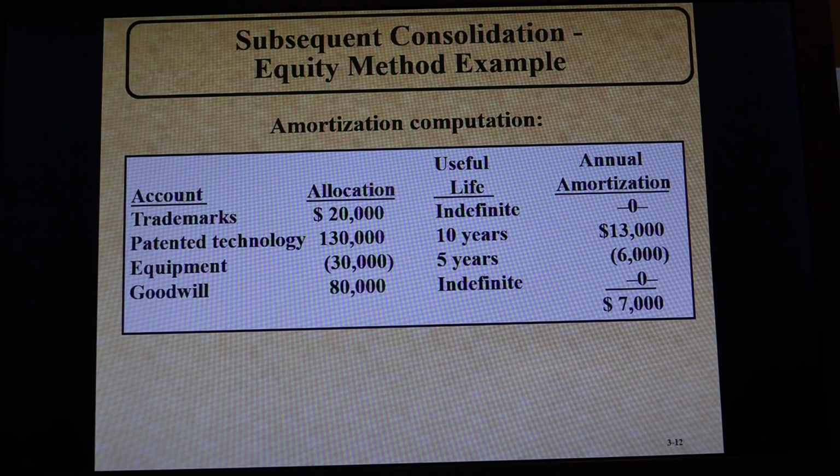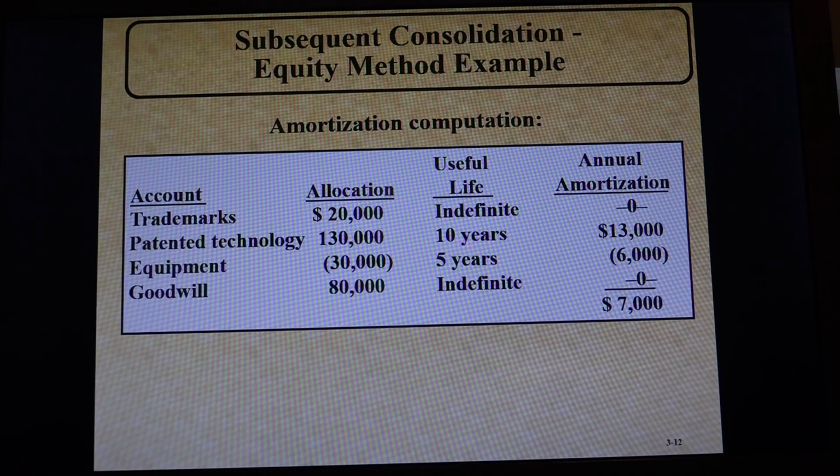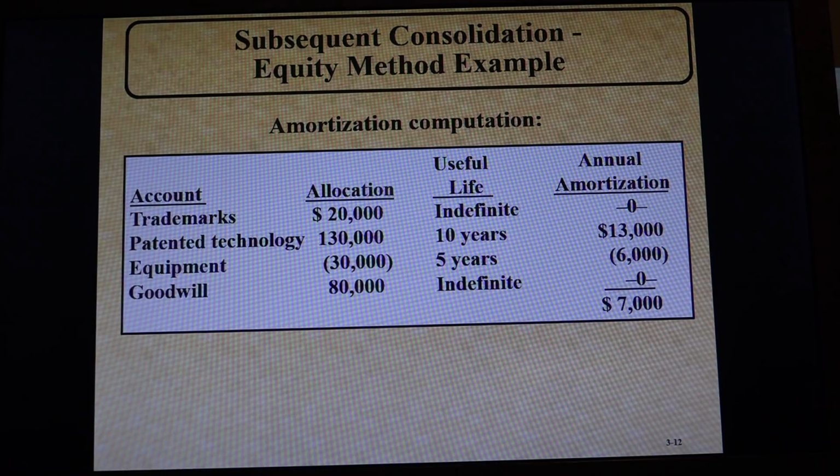Now, the unusual thing here is we have an allocation of a negative $30,000. The fair market value of the equipment is actually $30,000 less than its book value. And the remaining useful life is 5 years.